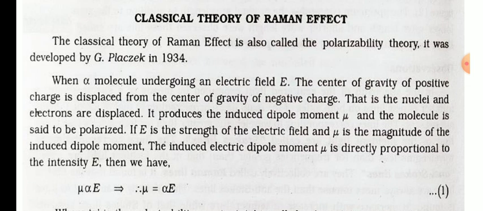Whereas the Raman effect is completely different. The molecules which do not have a permanent dipole moment, such as homonuclear molecules, for example, hydrogen gas, nitrogen gas, do not possess any permanent dipole moment.